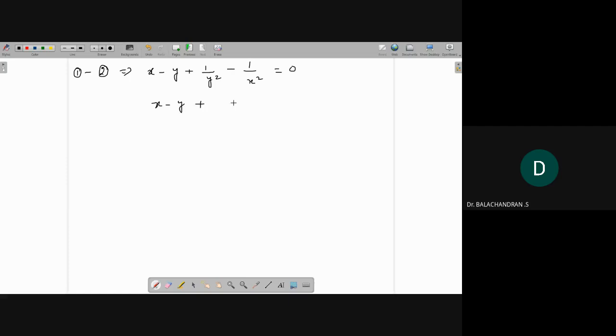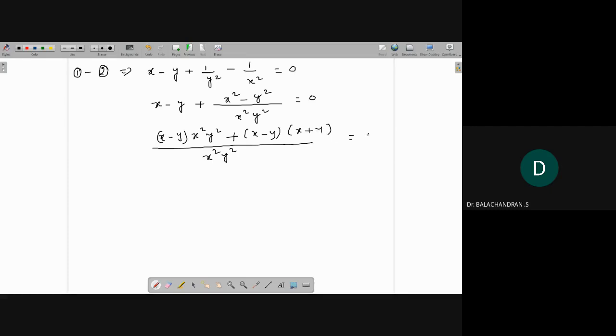So now x minus y plus, we take LCM x square y square, we get x square minus y square equal to 0. So we should take x square y square as LCM, we'll get x minus y into x square y square plus, you can write x square minus y square as x minus y into x plus y, equal to 0.